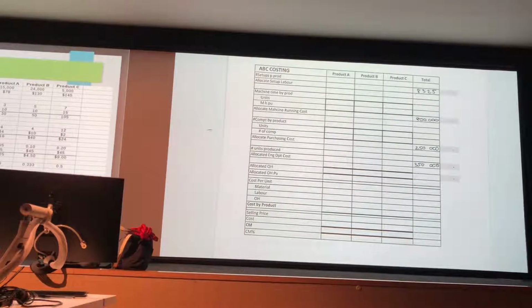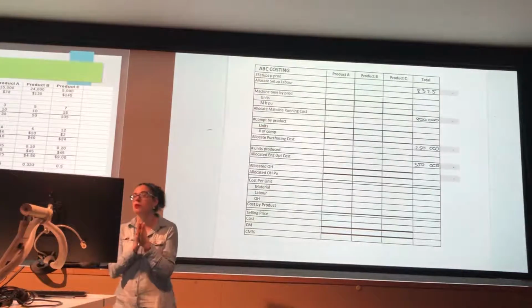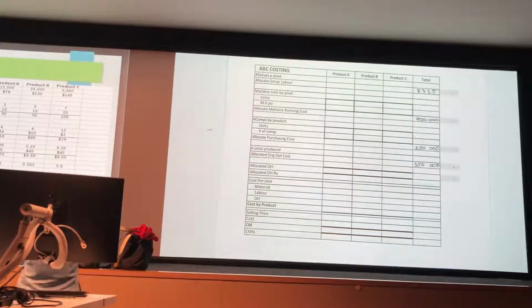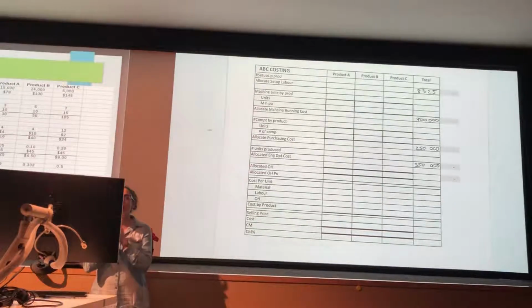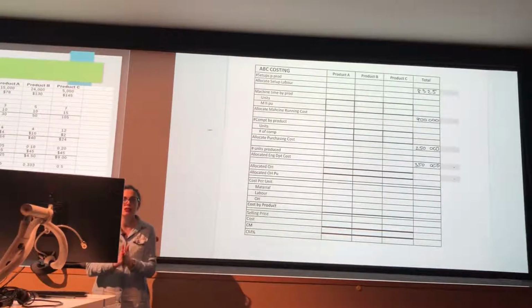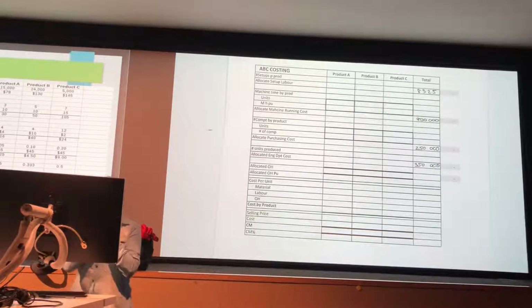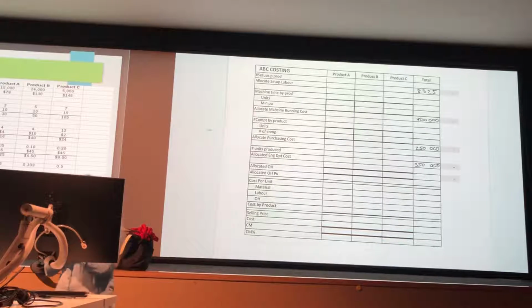I'll slow down enough. Okay, so we've already briefly discussed that the first expense we need to allocate out is our setup labour cost of 8325. We've popped that in our template, and basically what we say is, okay, how am I going to do this? The closest thing I have is the number of setup hours by product. So our first allocation driver is going to be the number of setup hours per product.